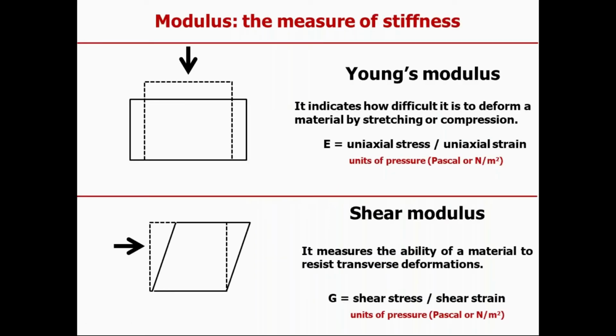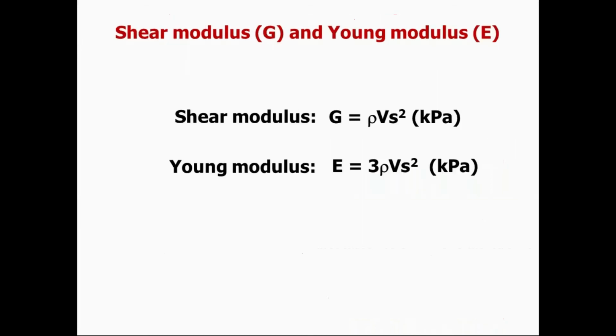The moduli are measures of stiffness, and the Young modulus indicates how difficult it is to deform a material by stretching or compressing it, and the unit of pressure is kilopascal. The shear modulus has the same unit of pressure, kilopascal, but it measures the ability of a material to resist a transverse deformation.